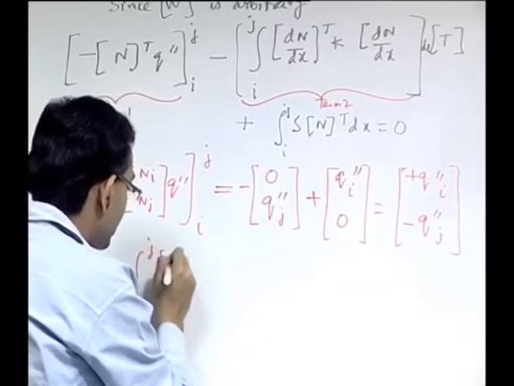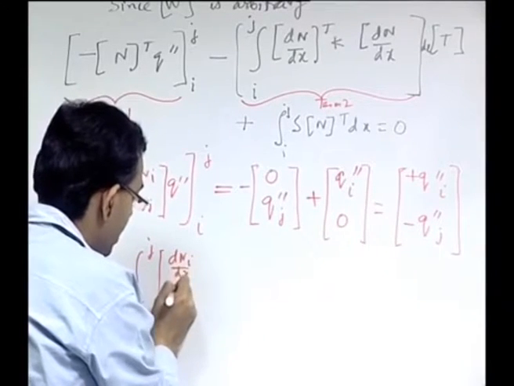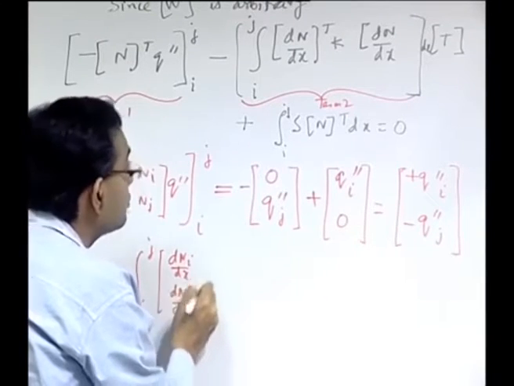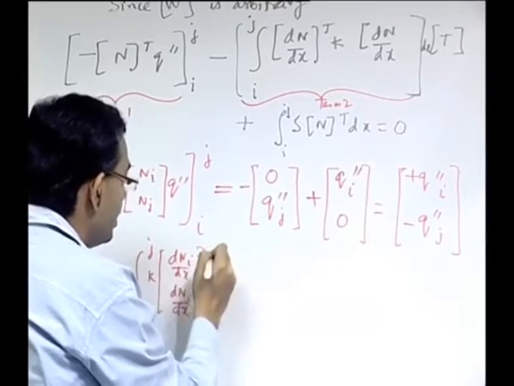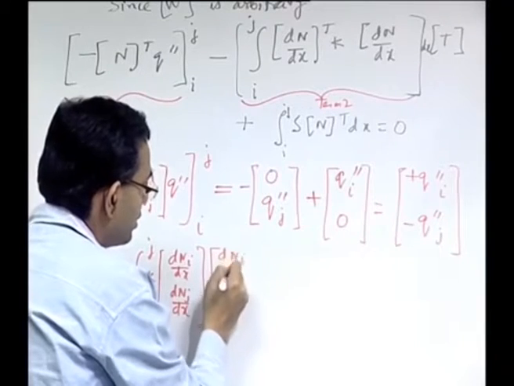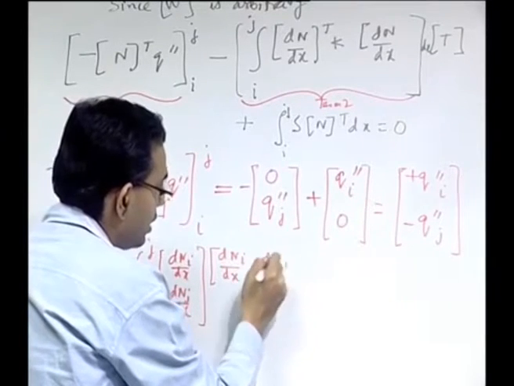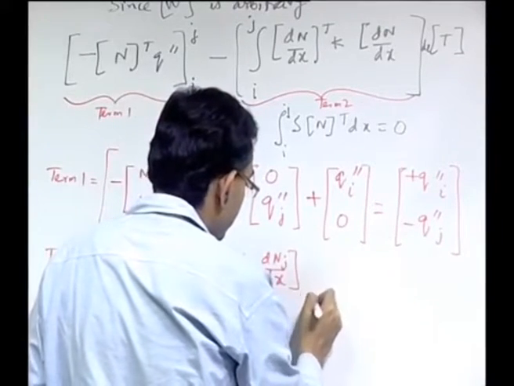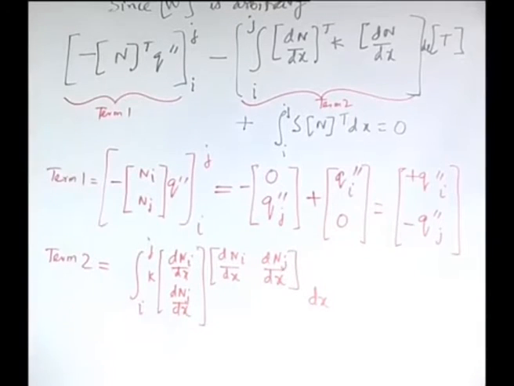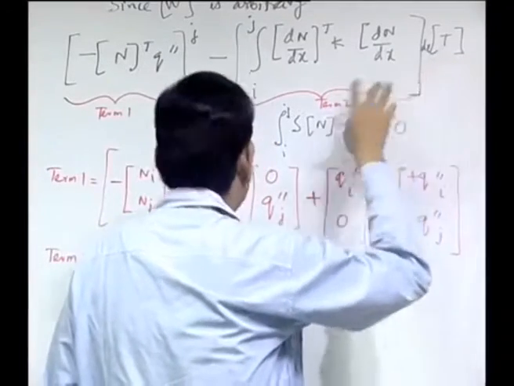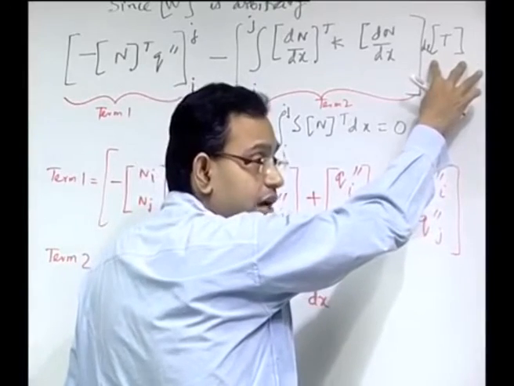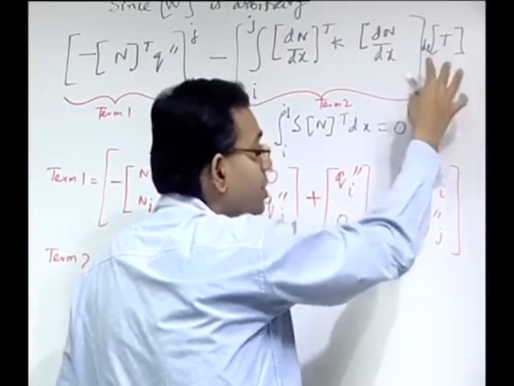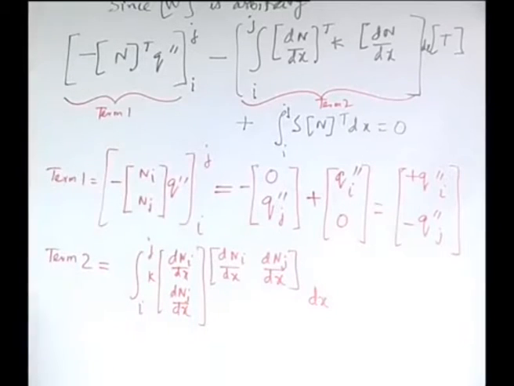So let us write that dni dx, dnj dx, k is there, then dni dx, dnj dx. Term 2 excludes the t also. This is the unknown vector that you have to find out. So we are excluding that from the evaluation of the term.